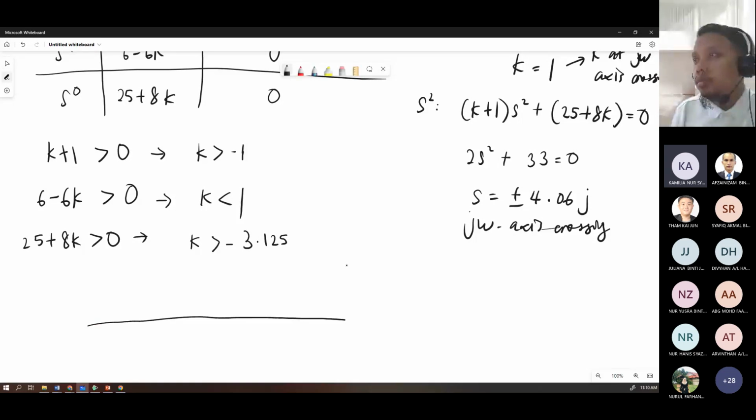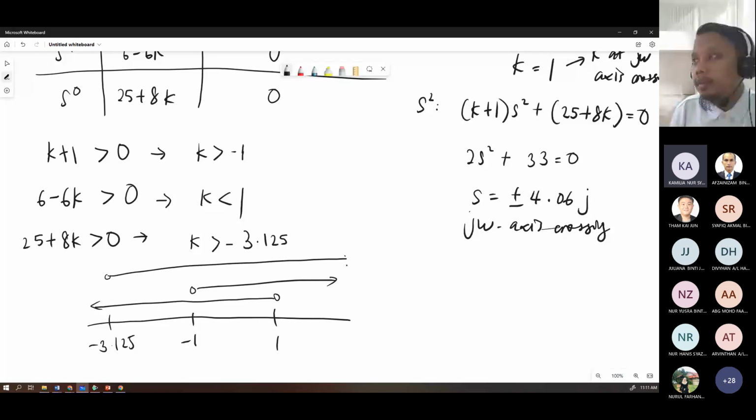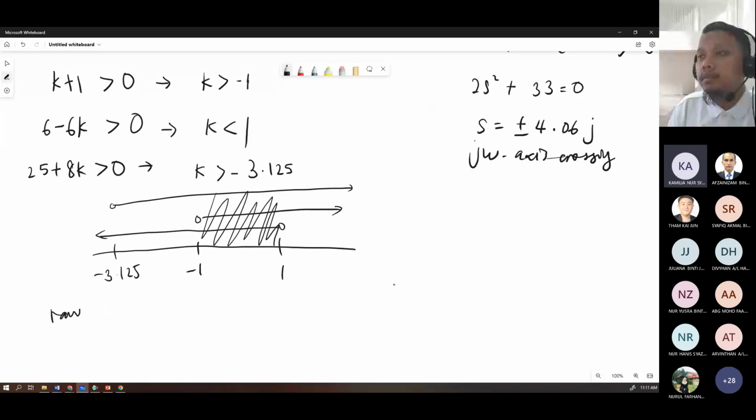And then make a number line. So the range of k is when all of the number lines intersect. So it's here. So the range of k for stability is k from -1 until 1.